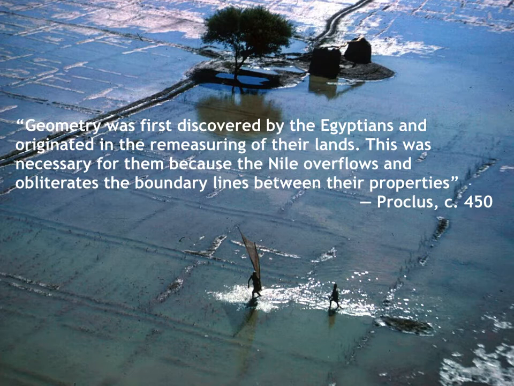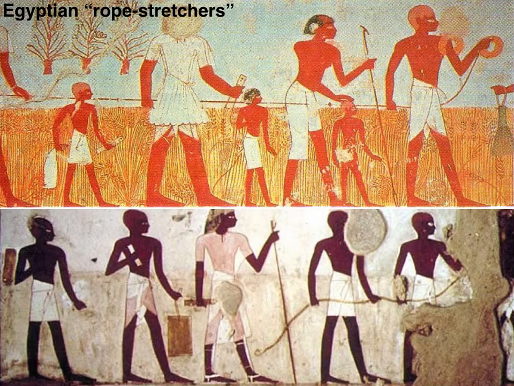But on the other hand, it also means you have to start over with a clean slate every year, restaking your land. So at this yearly juncture, when all the lands are obliterated, you need a land measurer to come in and redraw the boundaries, or a geometer, as it were, or as the Egyptians called it, rope stretcher. That's the word for geometry.